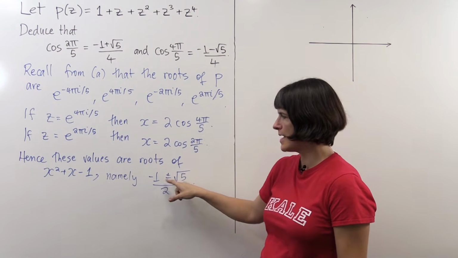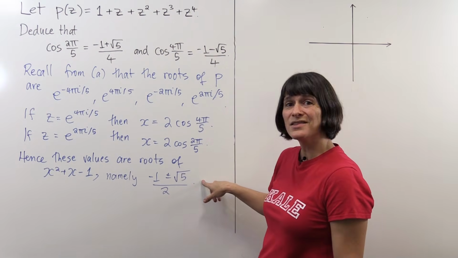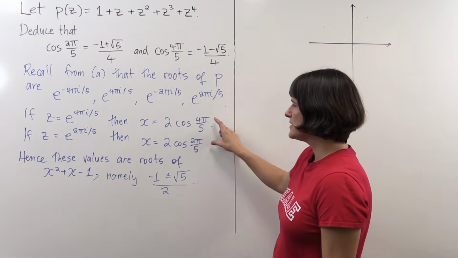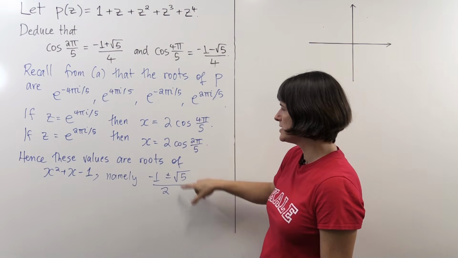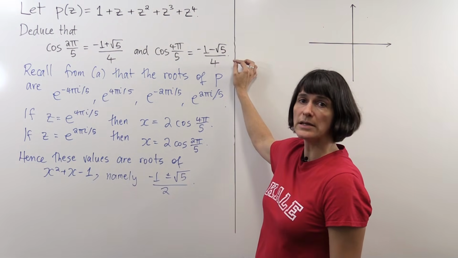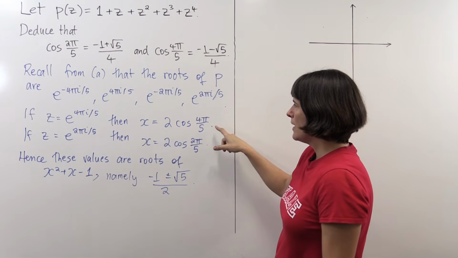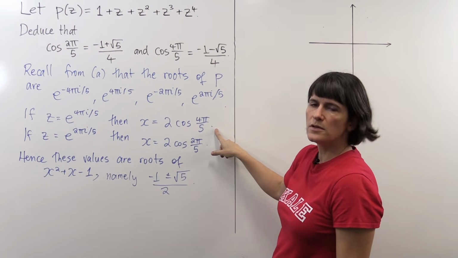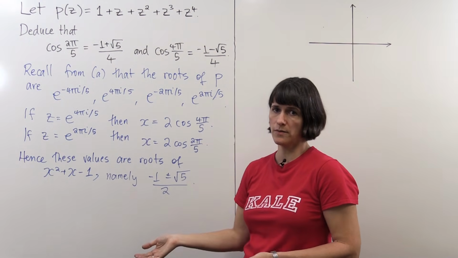One of them must equal minus 1 plus root 5 on 2, and one of them must equal minus 1 minus root 5 on 2. And obviously, once we've sorted out which way around they go, we can just divide by 2 in each case, and we will have answered the question. Okay? So how do we know whether 2 cos 4 pi on 5 is minus 1 plus root 5 on 2 or minus 1 minus root 5 on 2?